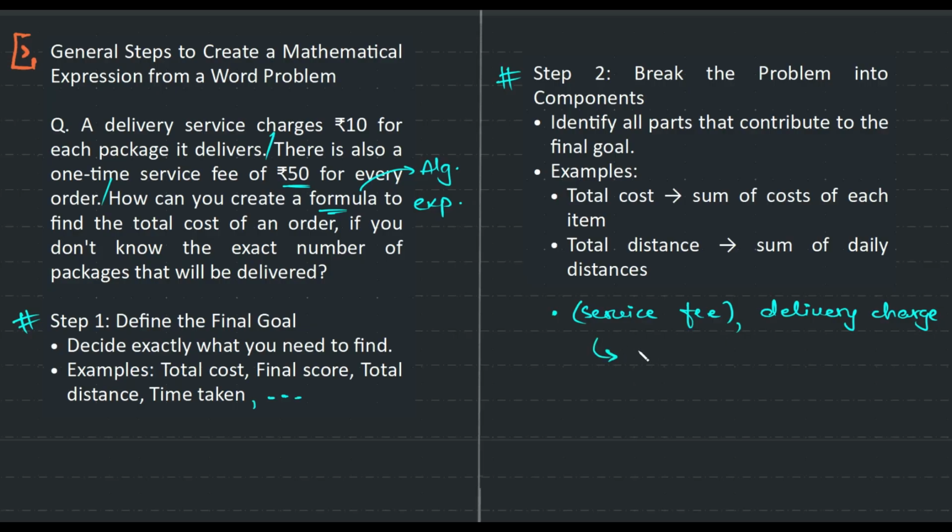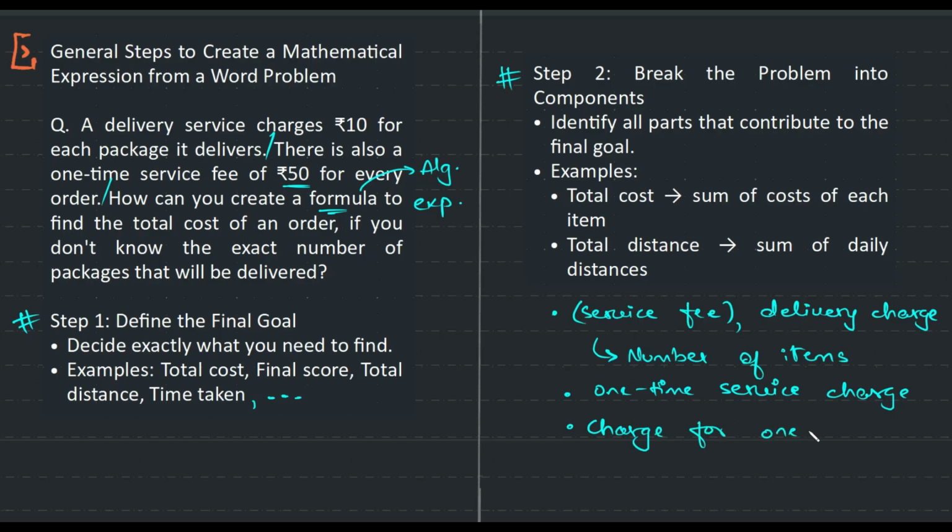Indirectly, it is the number of items. Break down the problem into components. Then what else do we have over here? One-time service charge, and also we have the charge for one package. Things like this, break it down.